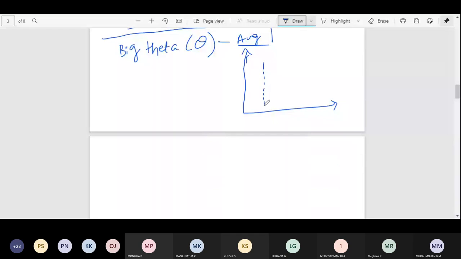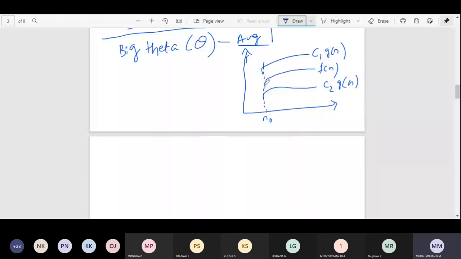So for any n naught, this f of n should be somewhere in between the worst and the best case. So this is f of n, because it is average case. It should be somewhere in between worst and the best case, right? So this one we will take as C1 into g of n, and this we will take as C2 into g of n. Clear?